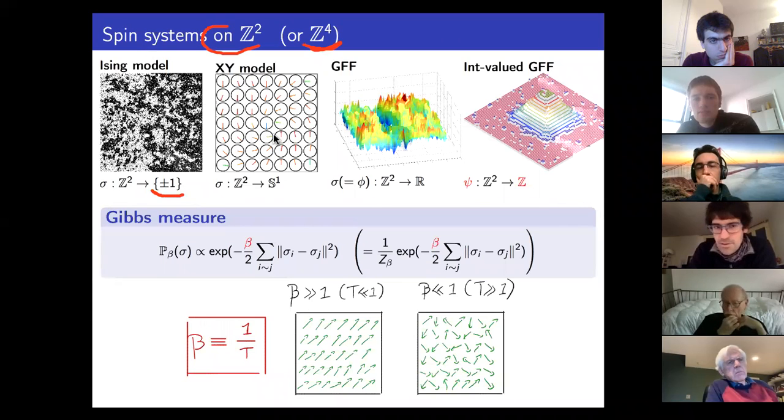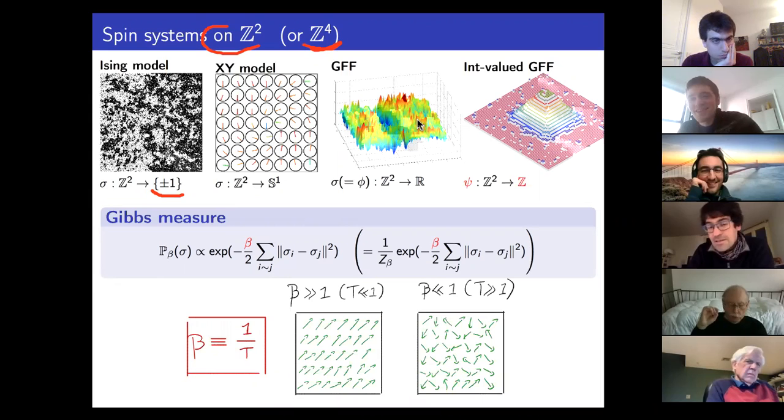If the spins take their values in the unit circle, this is called an XY model or a plane rotator model. If the spins take their values in the real numbers, this is the so-called Gaussian free field, which has been a main character of many talks so far in your seminar, I know.